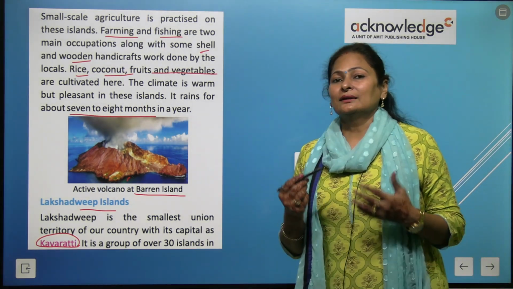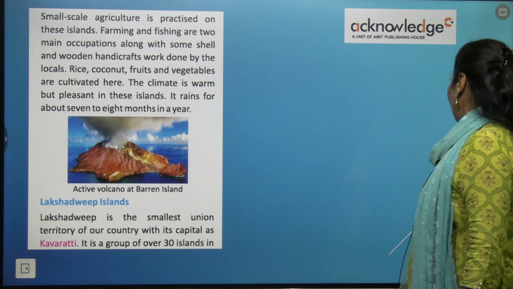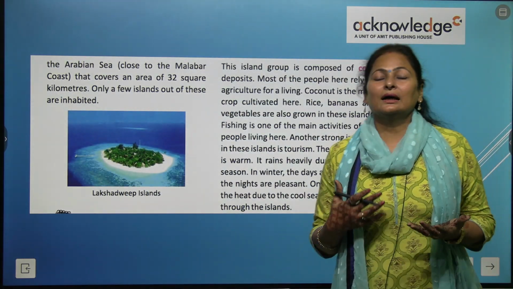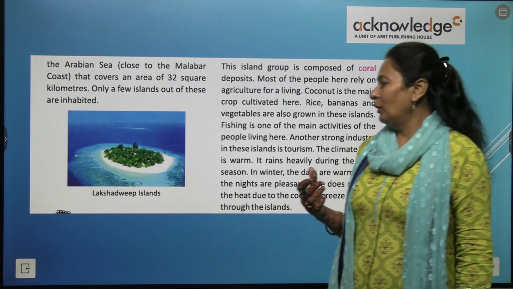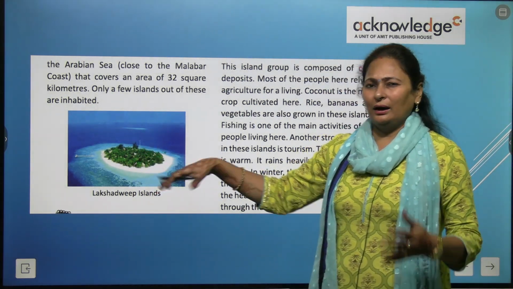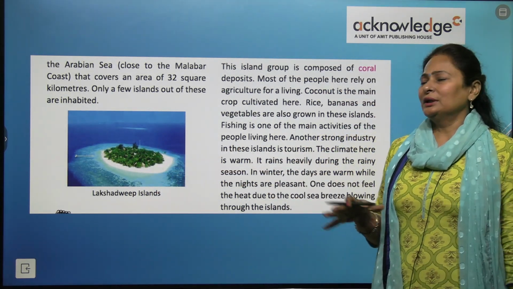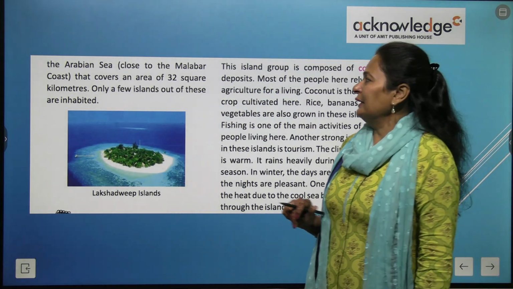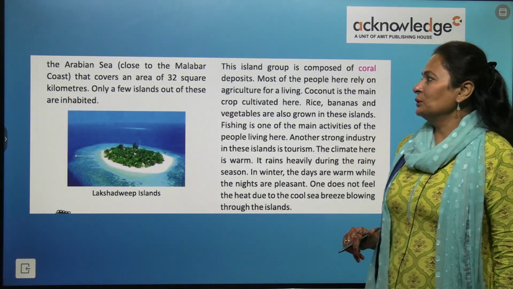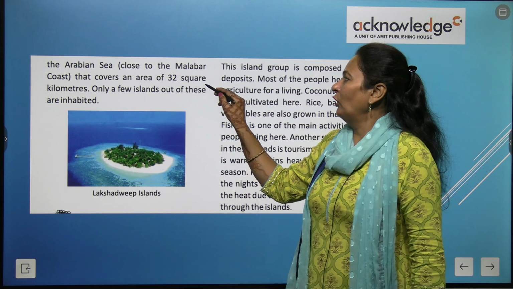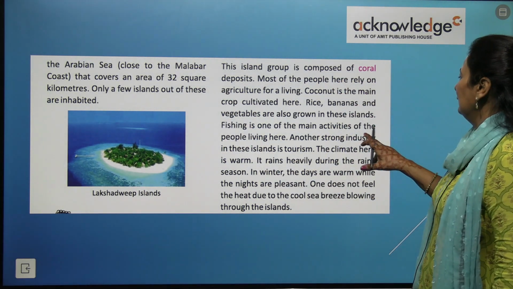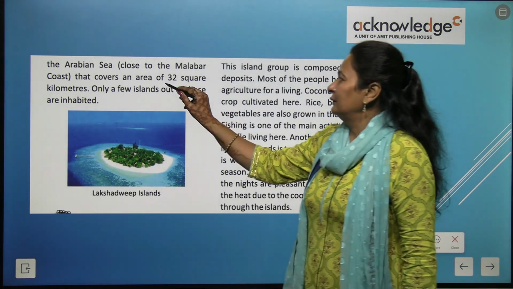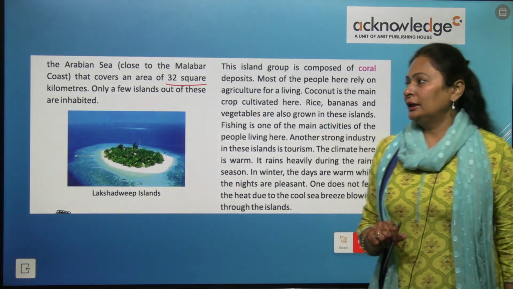It is a group of islands, more than 30 islands, right? Lakshadweep is a group of around 30, 32, 36 islands in the Arabian Sea close to the Malabar coast and covers an area of 32 square kilometers.